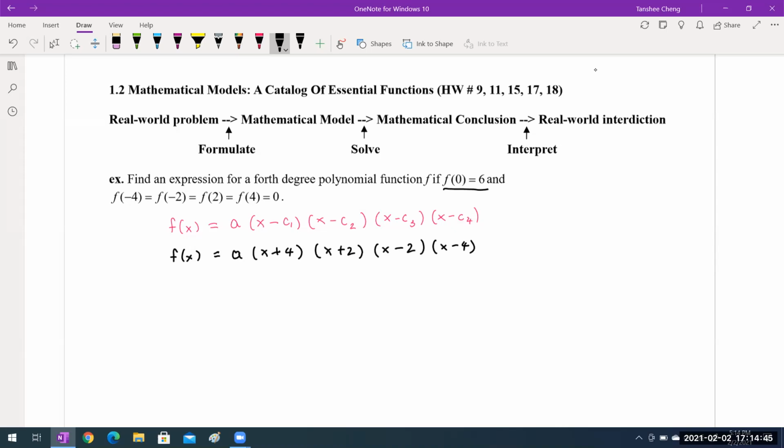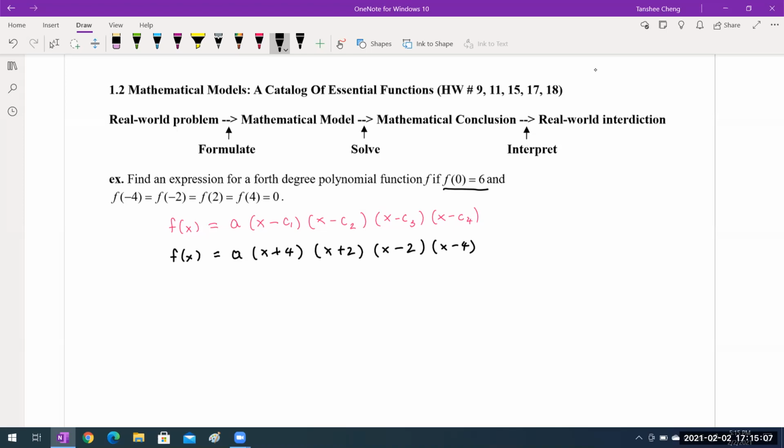Now, simplifying a little bit before we find the value a, we can multiply it out. But a lot of times, if you multiply it out, it may be more difficult to do the computations.